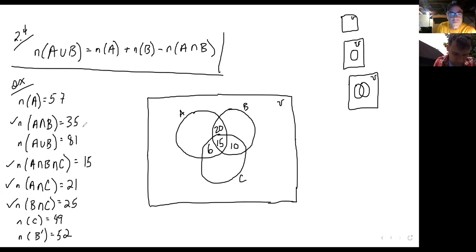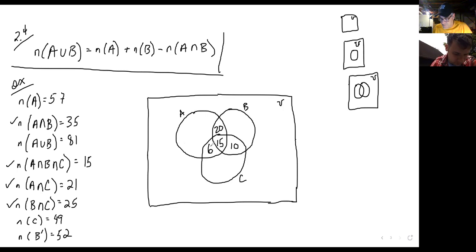Notice there are 4 pieces of information left and 4 regions left to find. I'm going to go to this one. I'm told that A has to have 57 altogether. Now notice A is made up of 4 regions, of which I know 3. And that's what I need to figure out that last region.